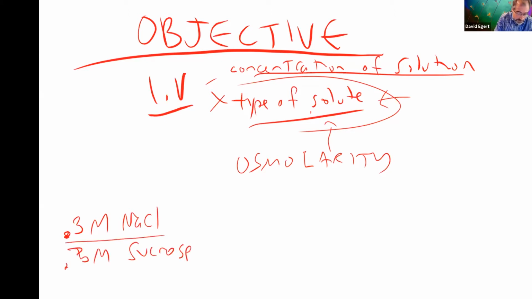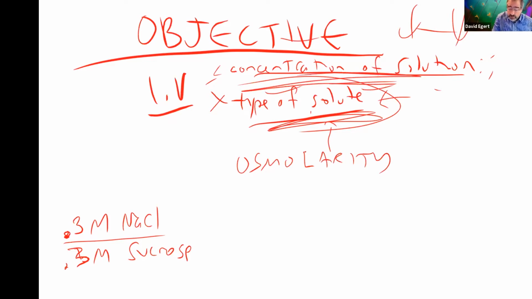They both have the same molarity, but the osmolarity is really different and their effect on the cells is really different. So unless you're thinking about the type of solute, you are going to totally mess up when you're trying to figure out what's happening, even if you know the concentration of the solute. So we're going to be looking at both the concentration, but also type of solute.